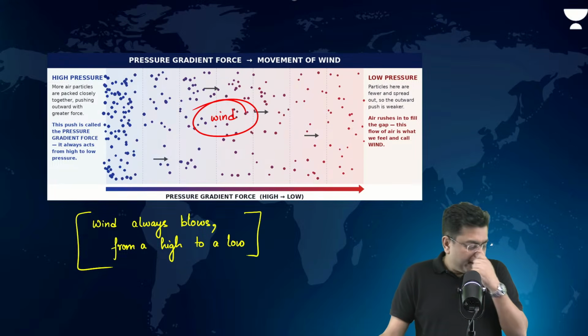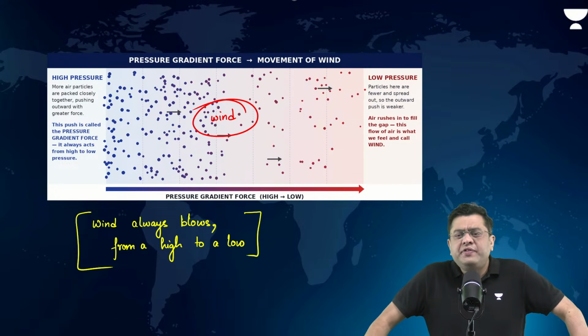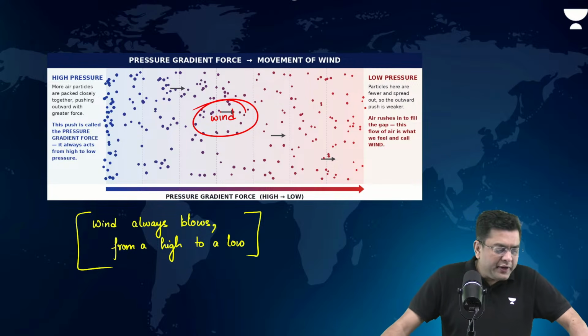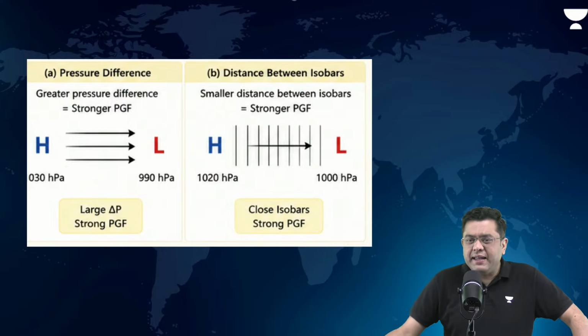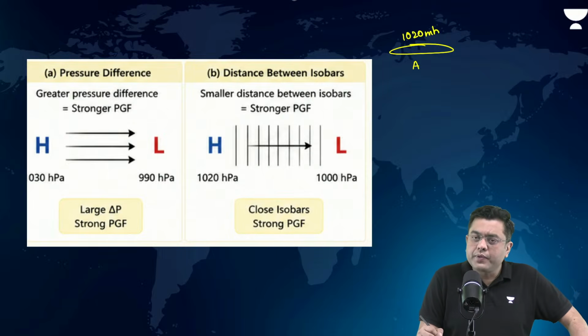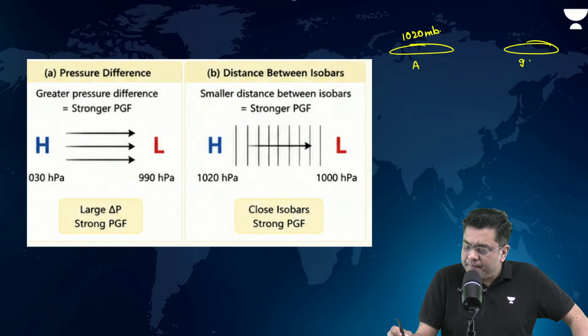Now, let me give you a scenario. If I talk about two different conditions, two different regions, let's suppose in one region, I basically have one area which has got a pressure of, this is A, 1020 millibar. Another is 990 millibar.